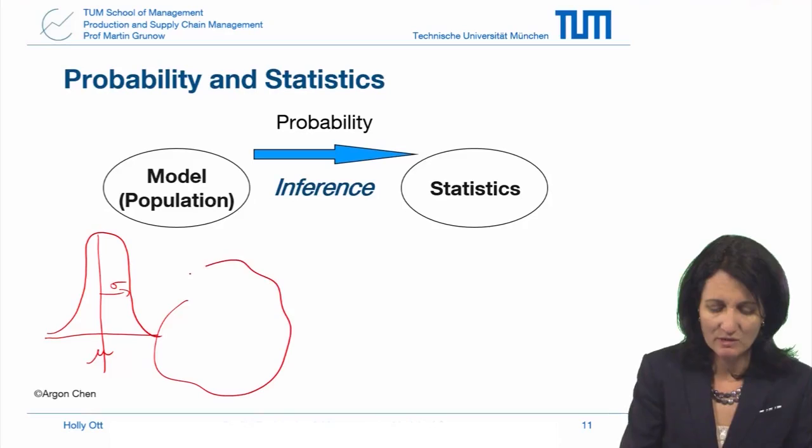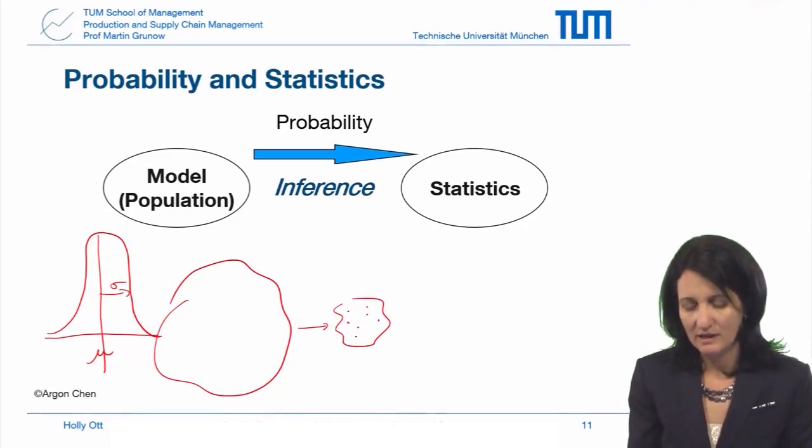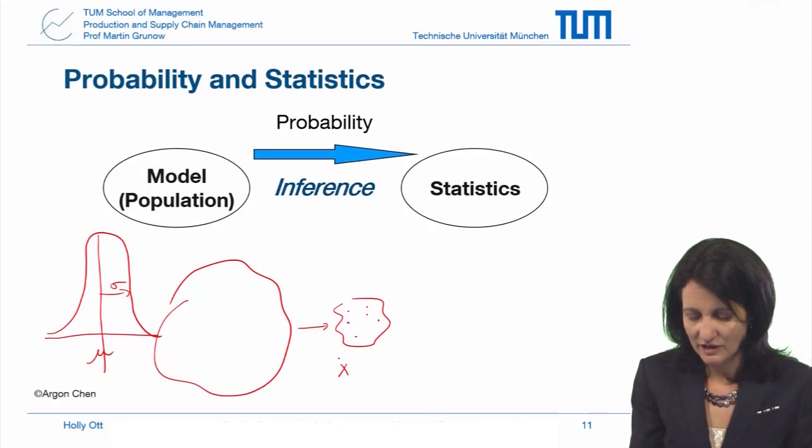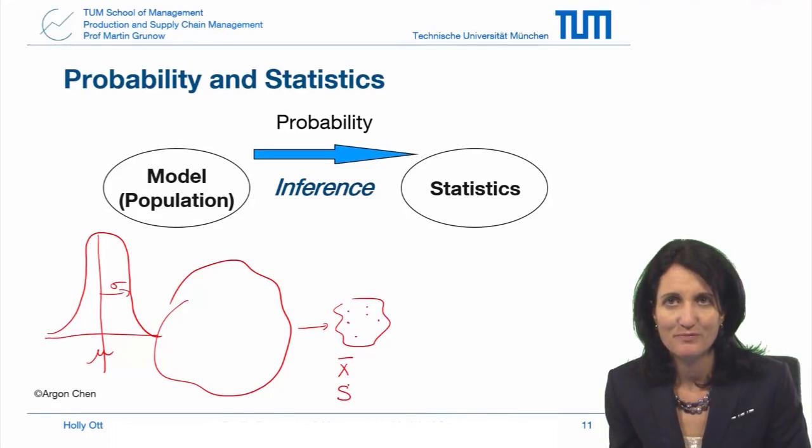We have a population with many, many elements. We take a sample, just a few elements from our population, and we can calculate the sample average, x bar, and the sample standard deviation, s.